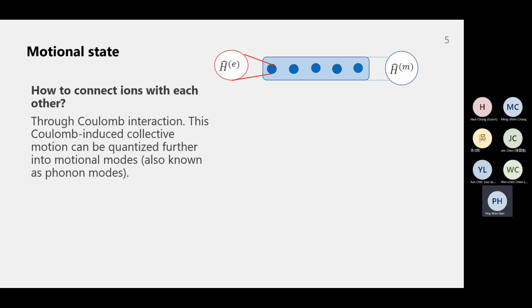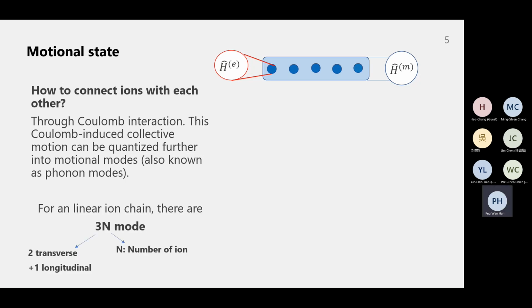In quantum mechanics, we quantize this collective motion into what are called phonons. In a linear ion chain with N ions, there are 3N modes, where the 3 corresponds to 2 transverse directions and 1 longitudinal direction.